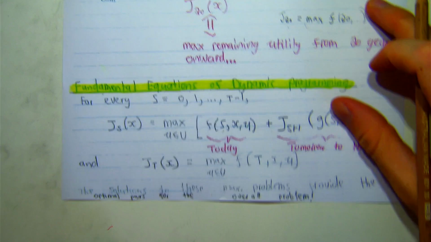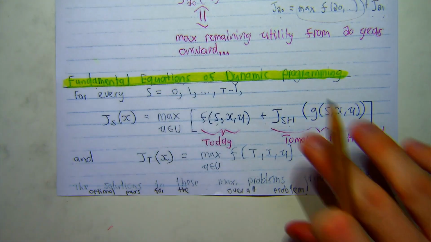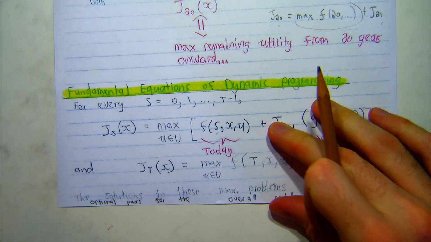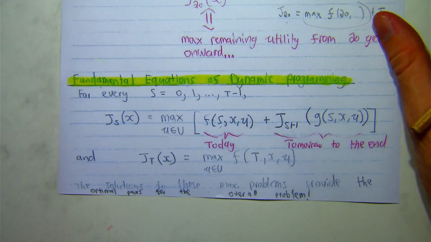They will be equivalent. And this connection to the value function and then what it is today versus for the rest of your life, that allows us to actually practically solve things by working backwards. So the solutions to these max problems provide the optimal pairs for the overall problem. Okay, so let's put that together to solve an example using this.